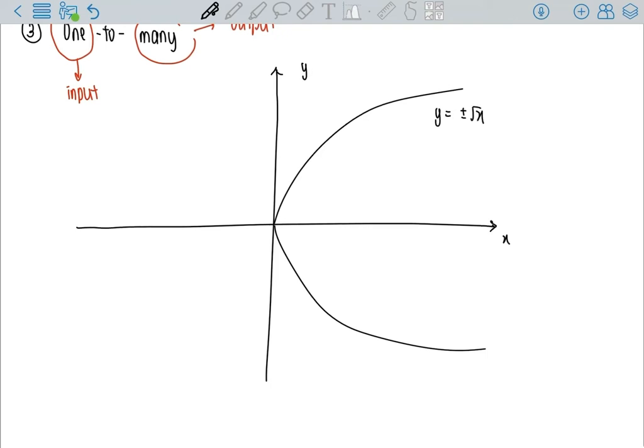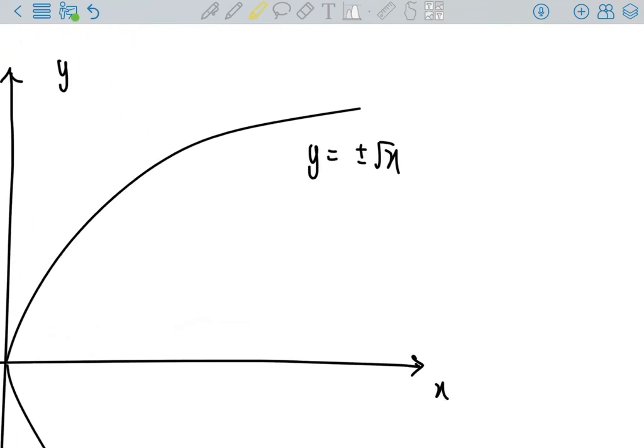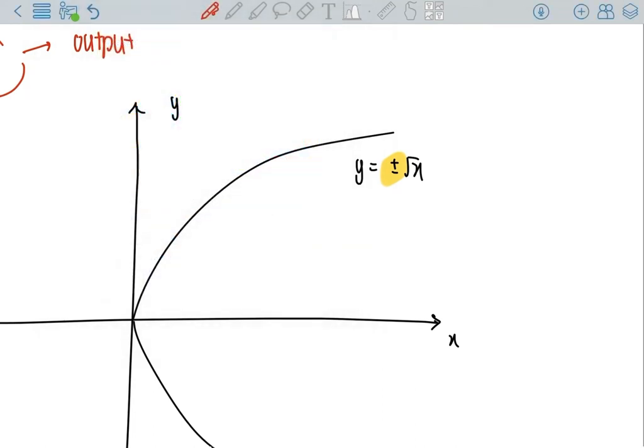First, let's try to understand the graph. If we zoom in a bit and focus on this plus or minus sign here, why is there a plus or minus sign? It's because this represents a combination of both the positive square root of x and the negative square root of x graph.